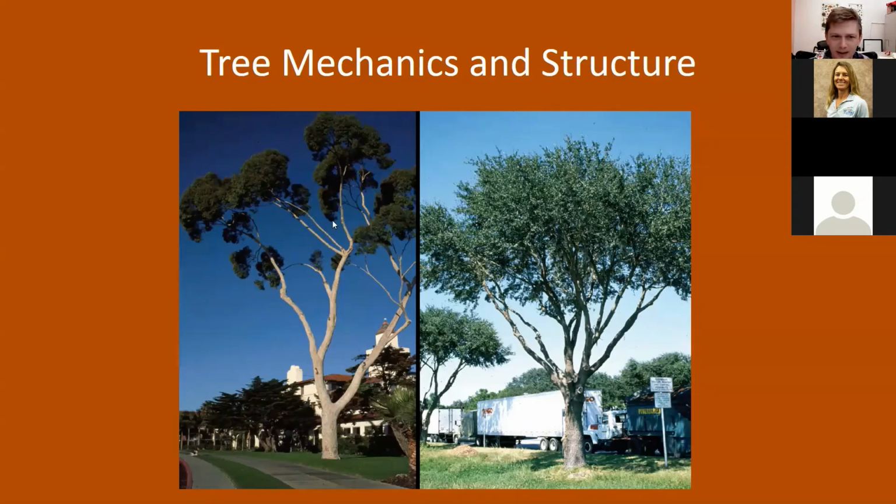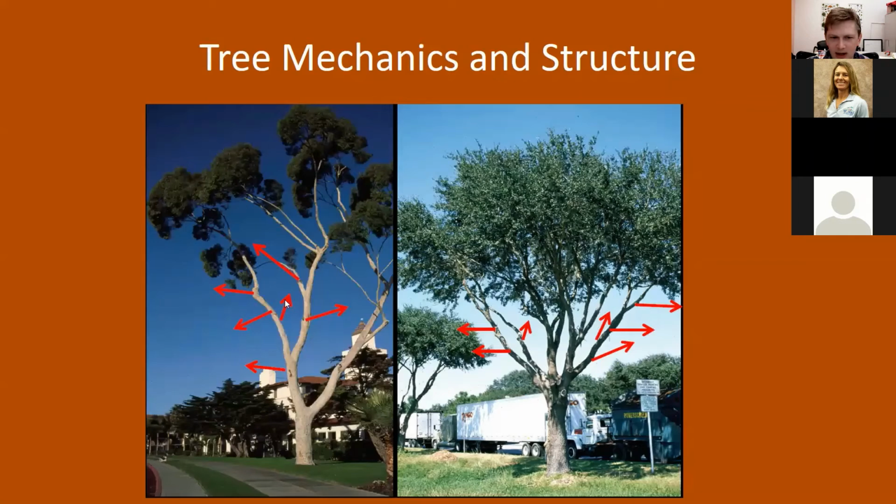In effect, these areas are almost acting like sails or kites, capturing the force of the wind. Instead of that force moving through these smaller branches that would have distributed the weight, it's all being shifted towards the base of these trees.